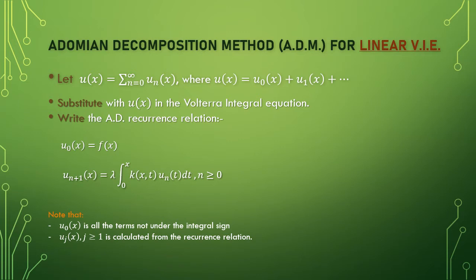Notice that u naught of x is all the terms that are not under the integral sign, and uj of x, where j is greater than or equal to 1, is calculated from the recurrence relation.